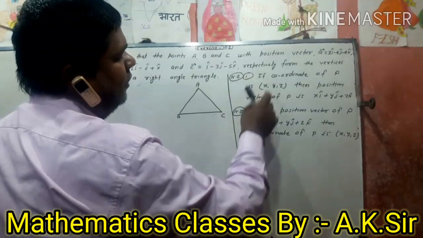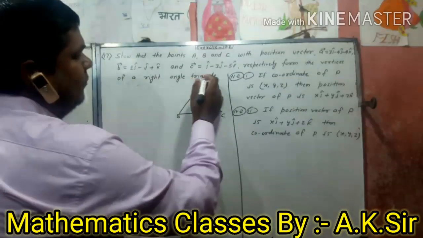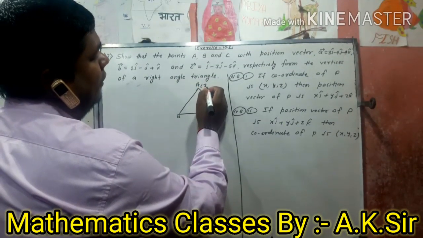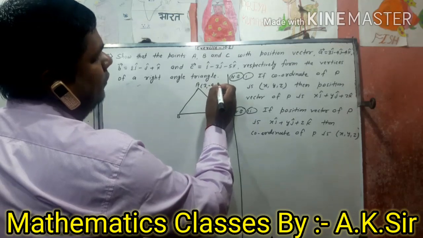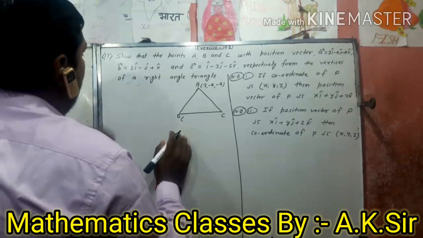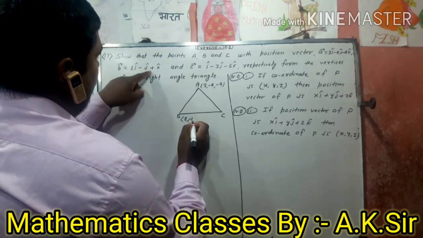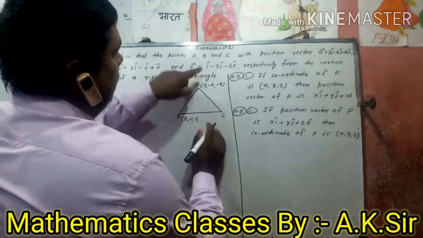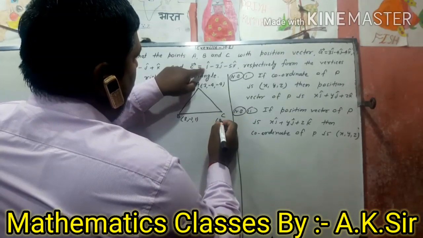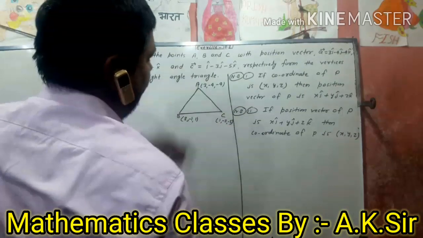From notes 1 and 2, the points are given as A(3, -4, -4), B(2, -1, 1), C(1, -3, -5).